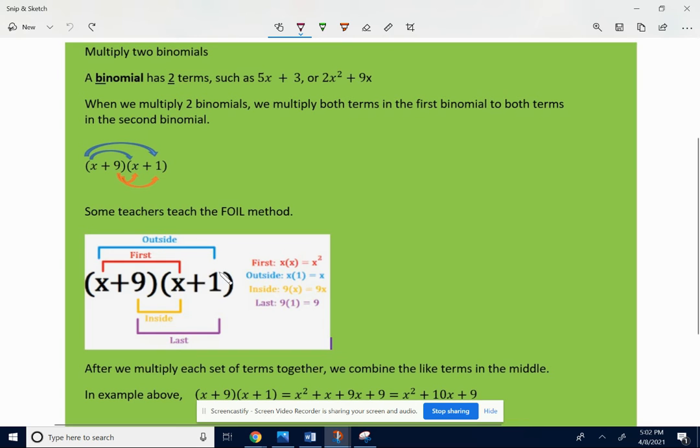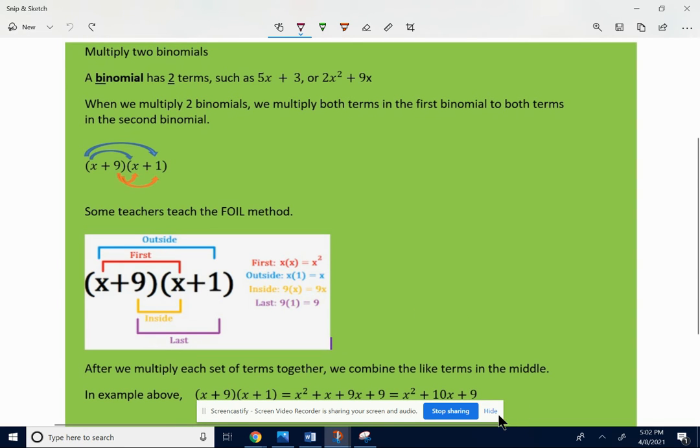I stands for inside. These two terms are on the inside. Last would be the two that are last inside both sets of parentheses. I don't know if that'll help, but that's just another way some teachers explain this.